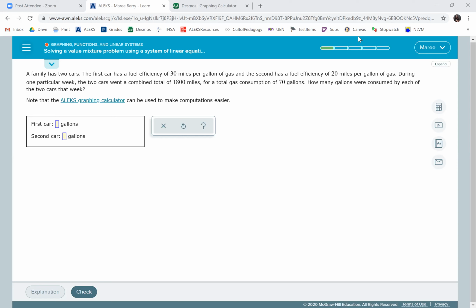During one particular week, the 2 cars went a combined total of 1,800 miles for a total gas consumption of 70 gallons. So car 1 is X, car 2 is Y. Together they used 70 gallons. The consumption is miles per gallon, so 30 times however many miles they went, and 20 times however many miles the second car went, had to go 1,800.